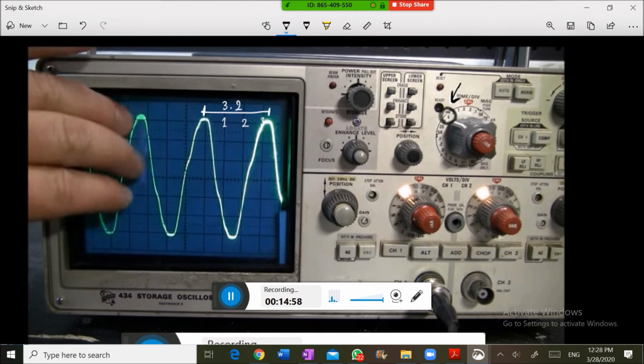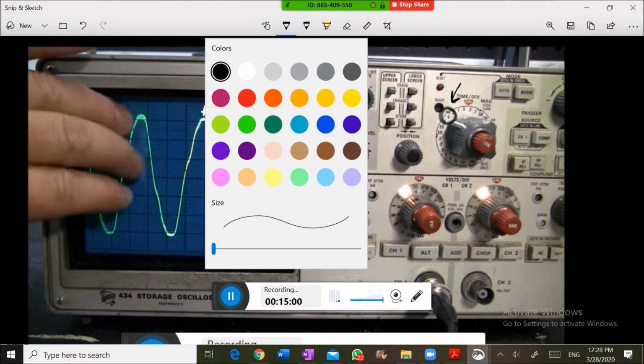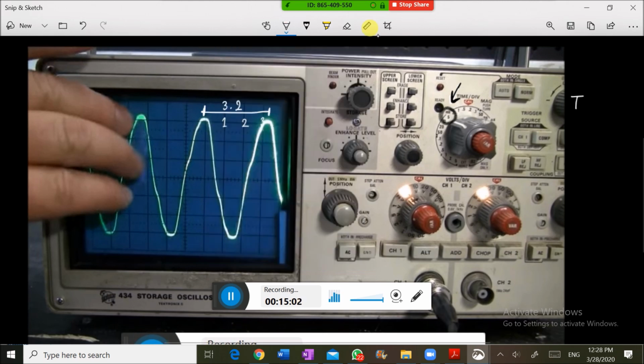So I multiply, and this is the period, guys. If I multiply the peak to peak distance by the time base, I will get the period. Here 3.2 times 5 is around 16 milliseconds. So the period here is 16 milliseconds. If I want the frequency, I have to divide 1 over the period.